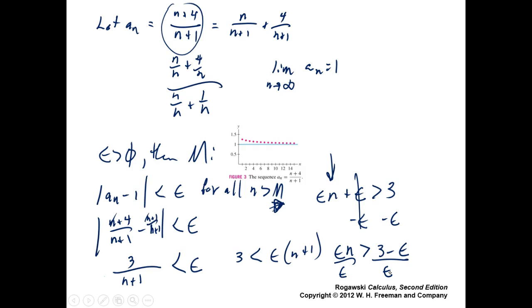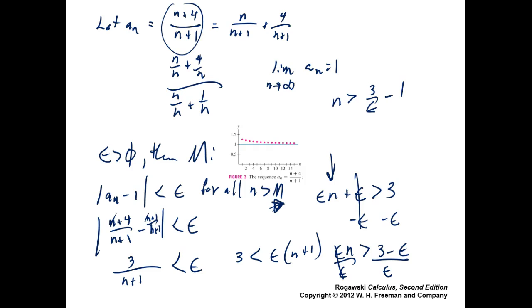That means for all n greater than 3 over epsilon minus epsilon over epsilon, which is 3 over epsilon minus 1.